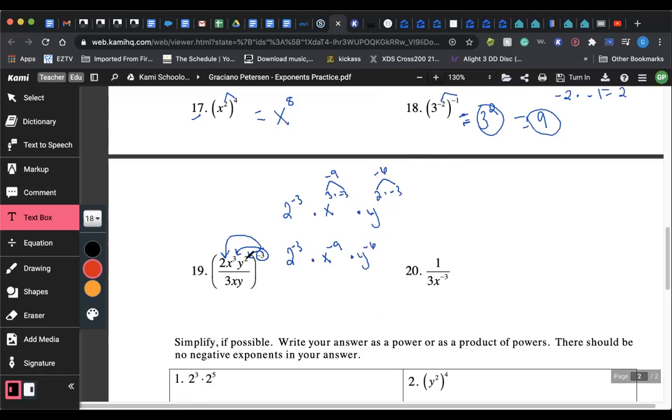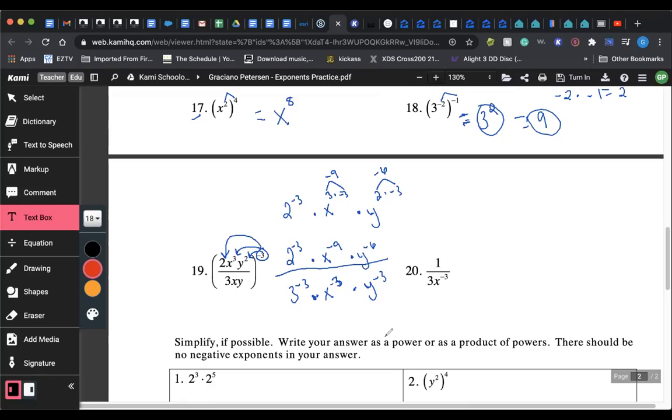We're going to leave that like that for now until we apply the negative 3 to our denominator as well. So right now we're going to apply it to the denominator. We have 3 to the negative 3, x to the negative 3, and y to the negative 3. I just applied the negative 3 to the bottom as well.